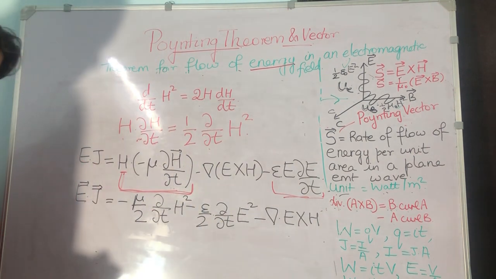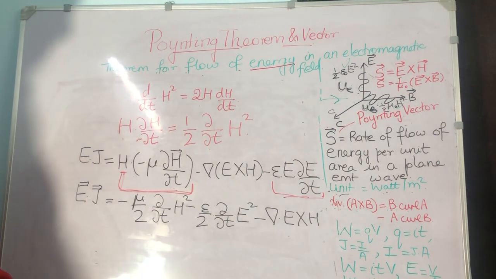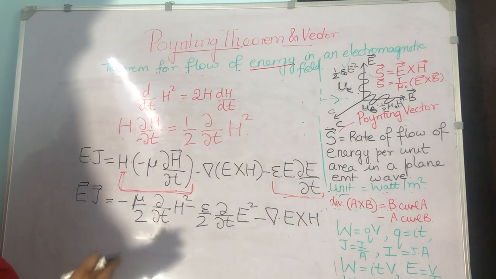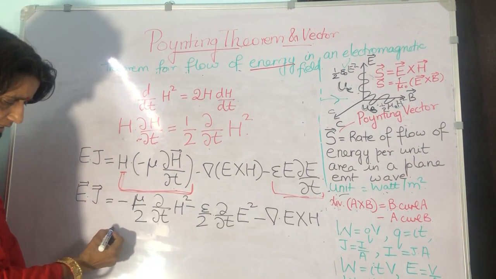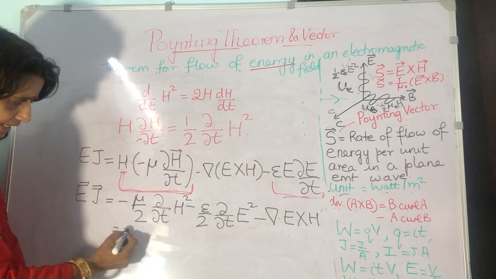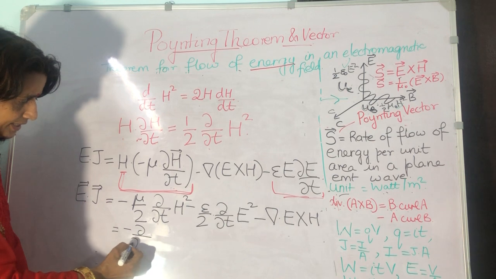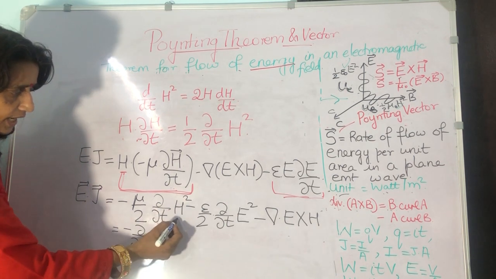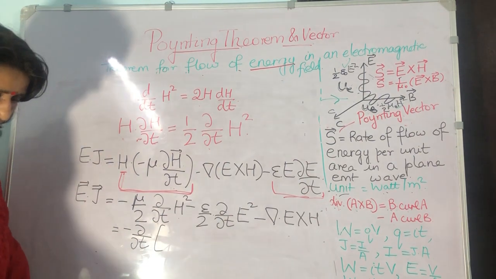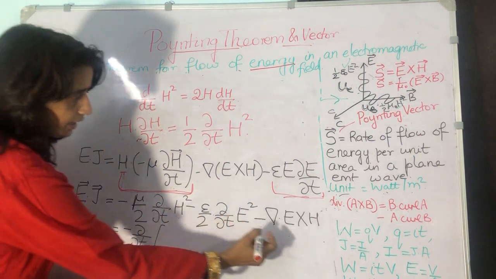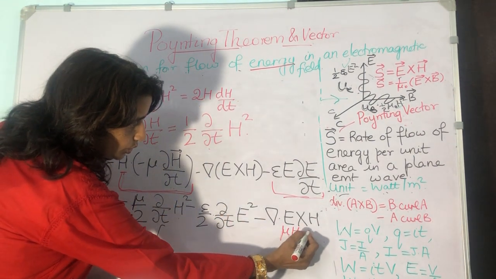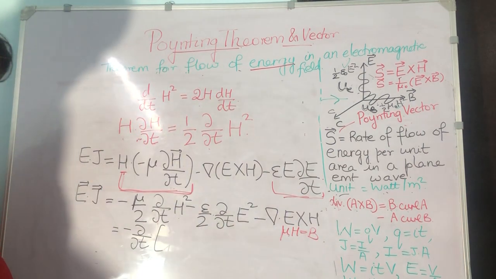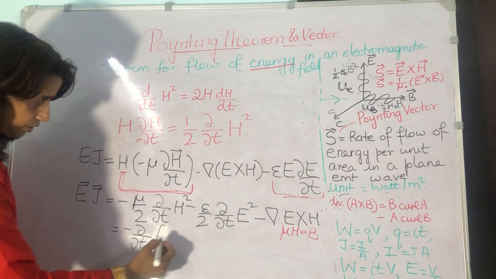Now, have a closer look at the expression. Mu and epsilon are constant. Take them inside and take the minus sign outside. So you get del upon del t into mu H. You can write it B. Mu H is equal to B because we are writing it in terms of magnetic field component.